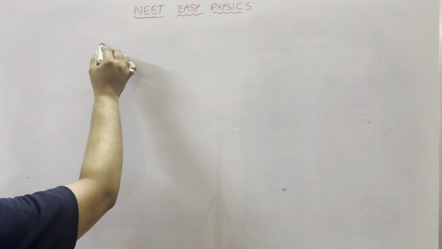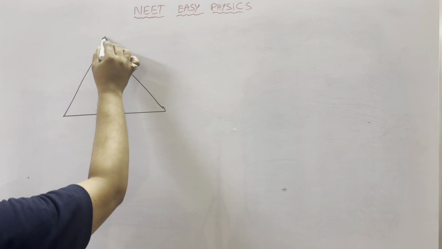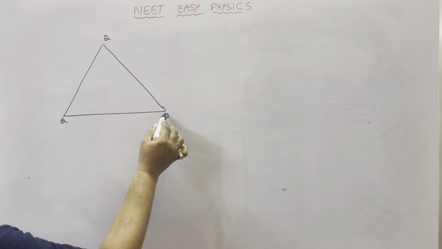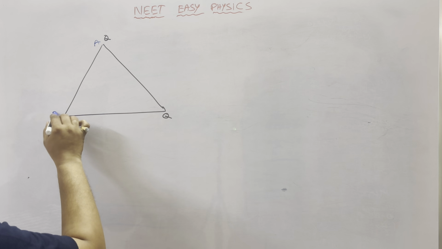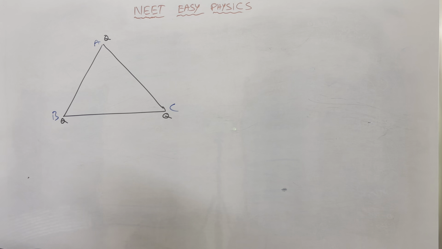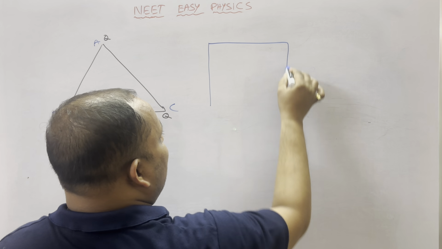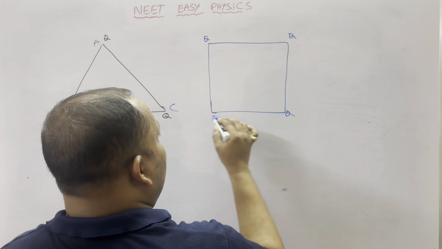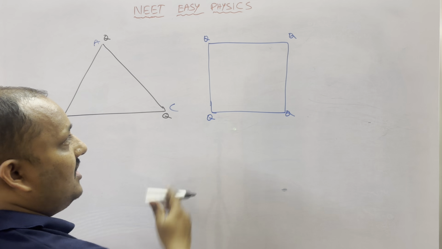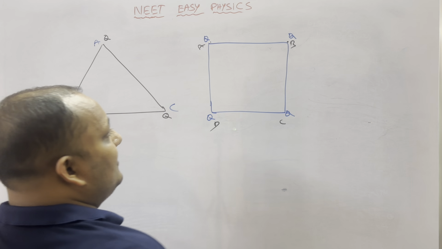Now see, three same charges Q, Q, Q they kept at three corners A, B, C. So they will ask what is the resultant force on any one of the charges. Next, they will ask four charges. Four charges they kept at the corners of a square, A, B, C, D. That is our wish or their wish.